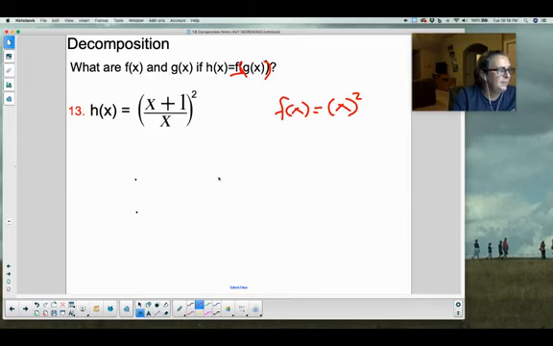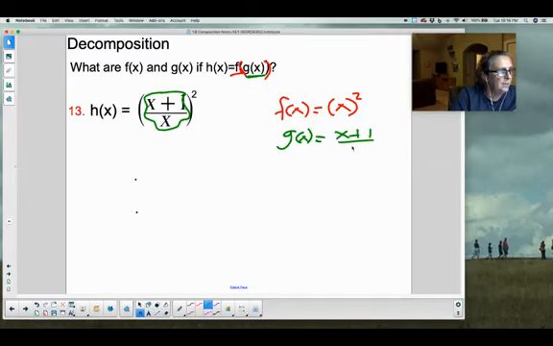And what's got to be on the inside? On the inside has to be g of x. So everything inside must be what g of x equals. So g of x must be x plus 1 divided by x.